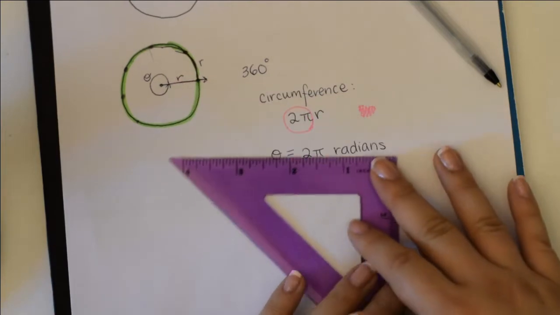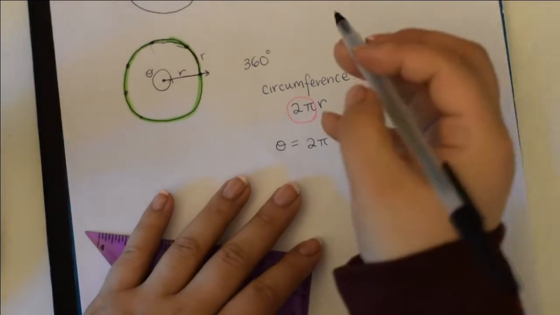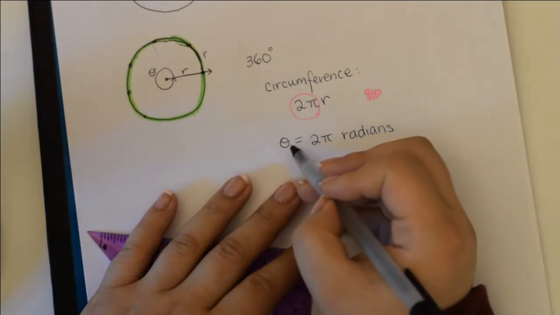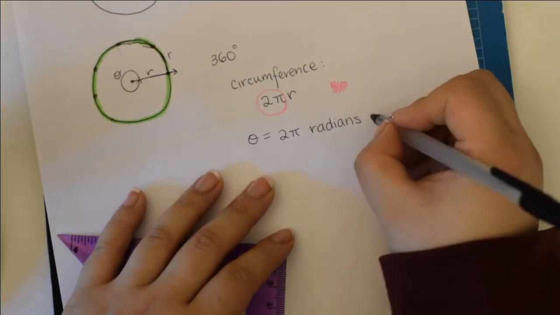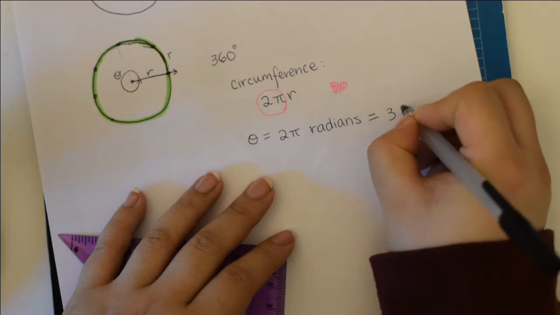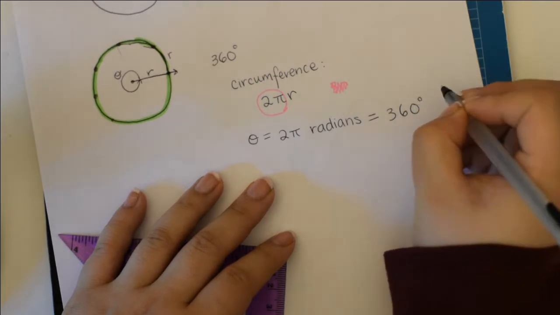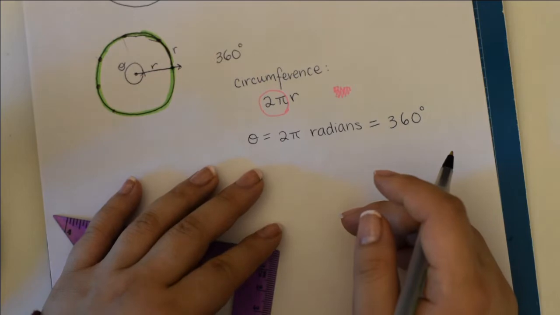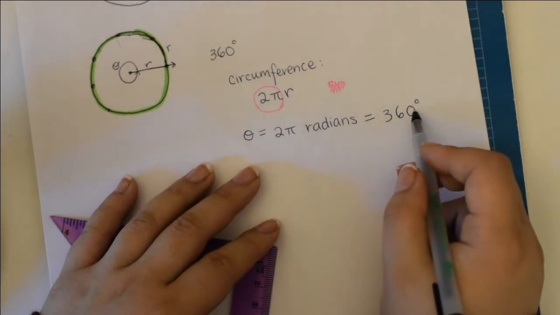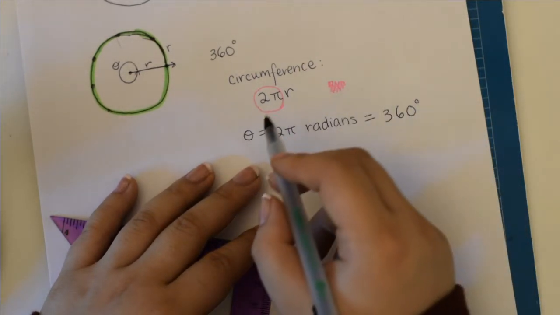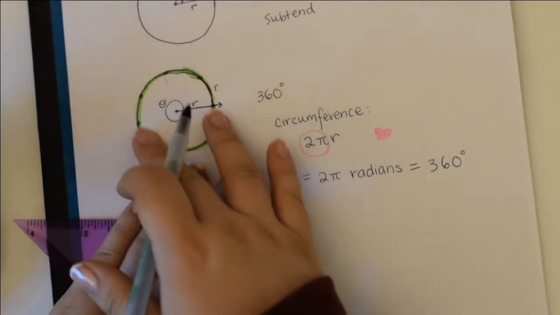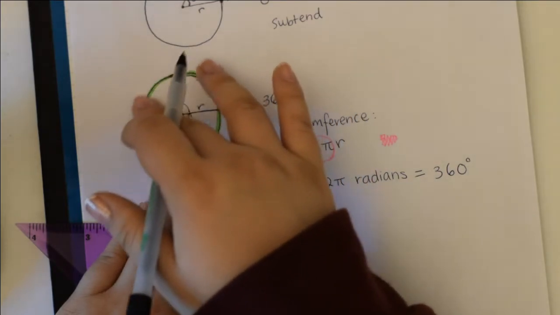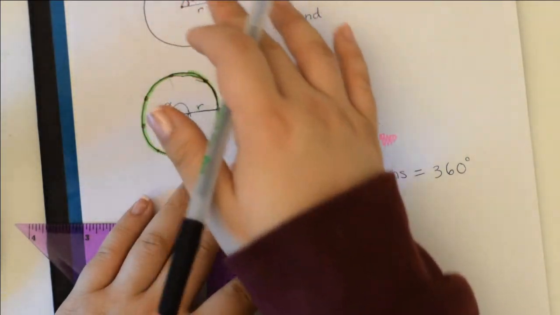So then we know that 2 pi radians is the full circle, which we also know is 360 degrees. So that'll be helpful for our conversions between degrees and radians. But I really wanted to just focus on this part first, okay? Just defining it.